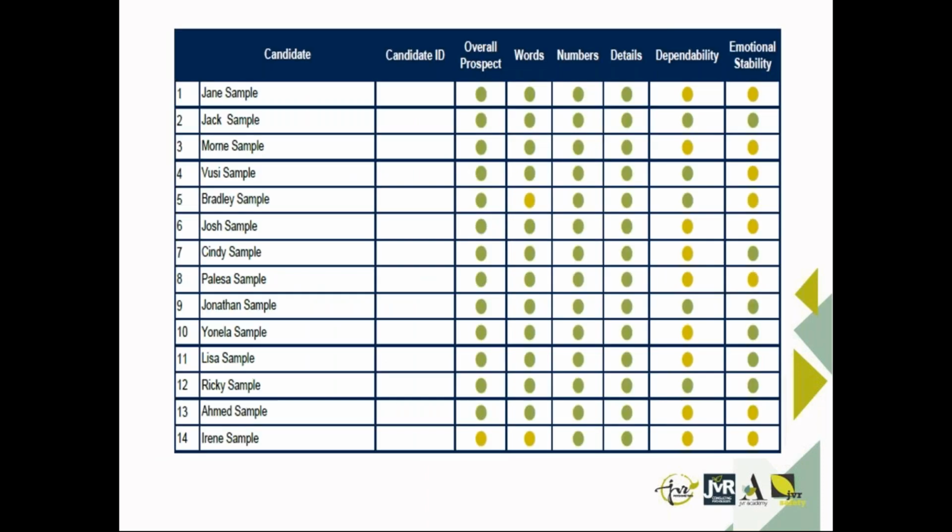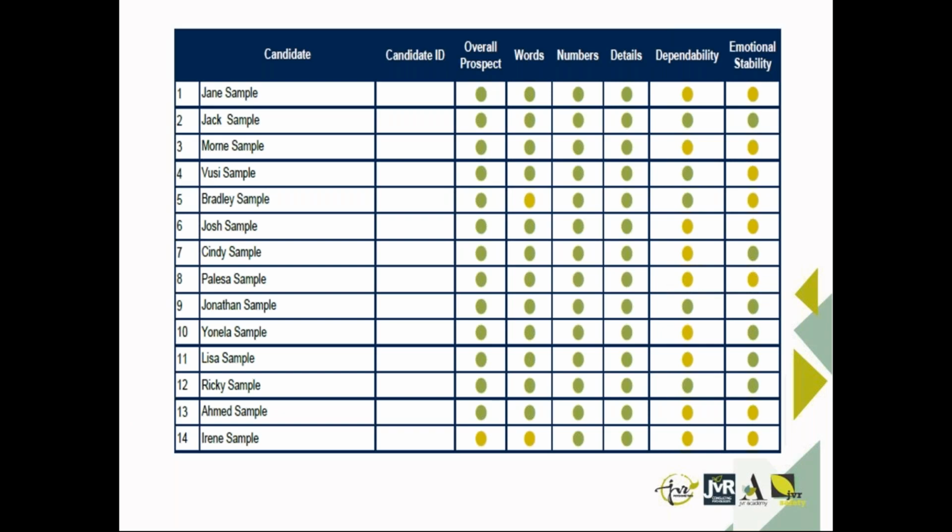So in your group report, you will get a little graph or little table like that, indicating how your candidates have performed. This table should be interpreted the same way as your individual report, again only consulting your overall prospect scale.